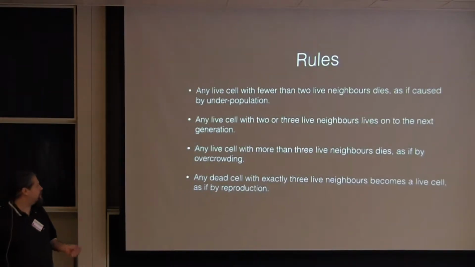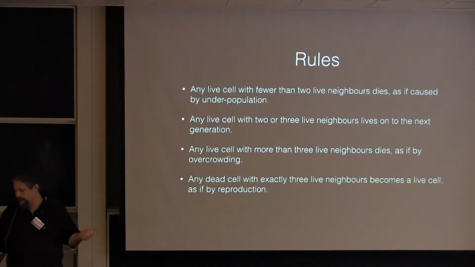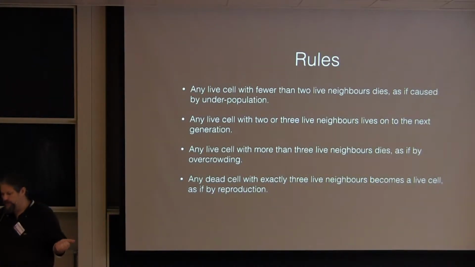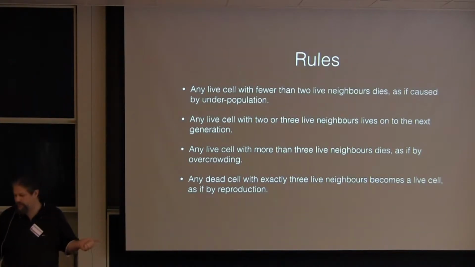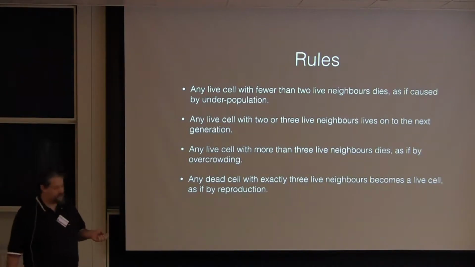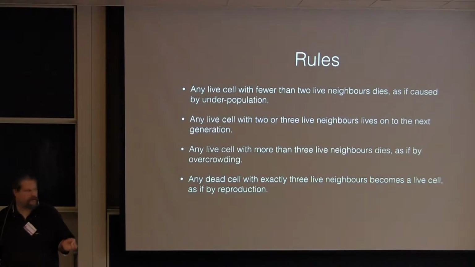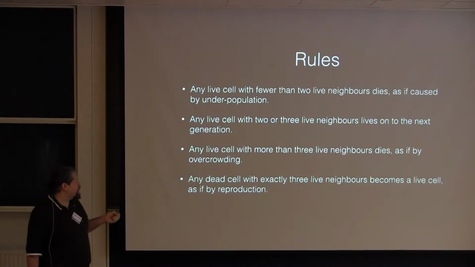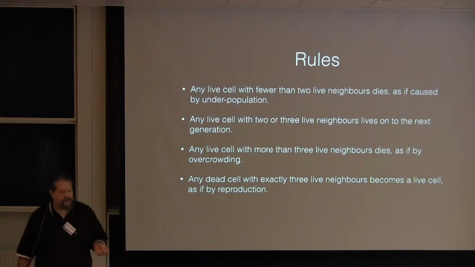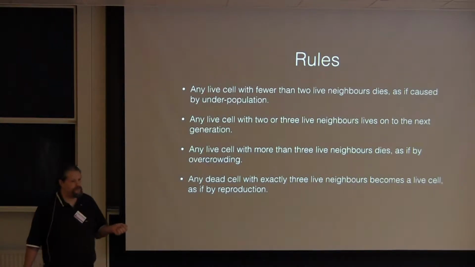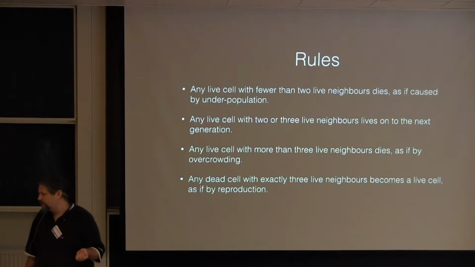And the rules are that a live cell with fewer than 2 live neighbors dies from underpopulation. A live cell with 2 or 3 neighbors will continue to live on. A live cell with more than 3 live neighbors dies from overcrowding. And a dead cell with exactly 3 neighbors will spawn to life.